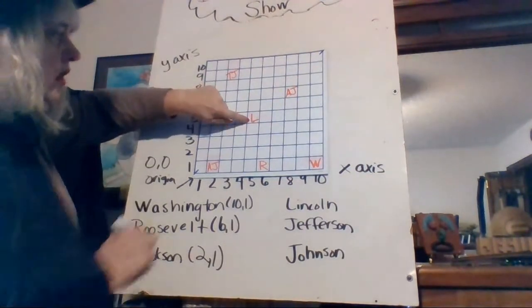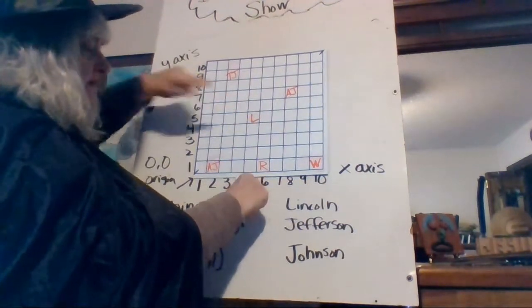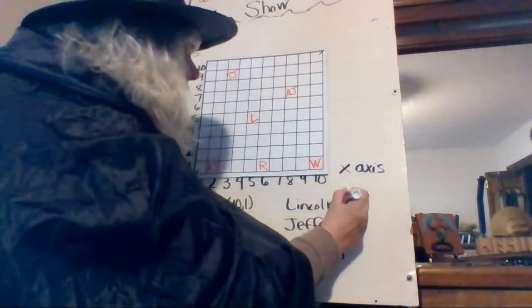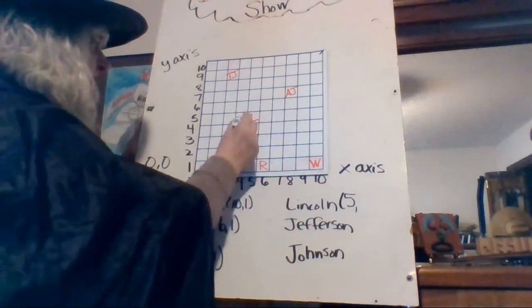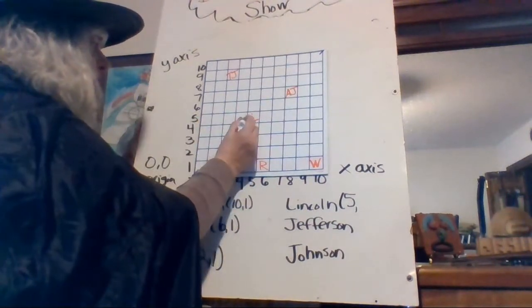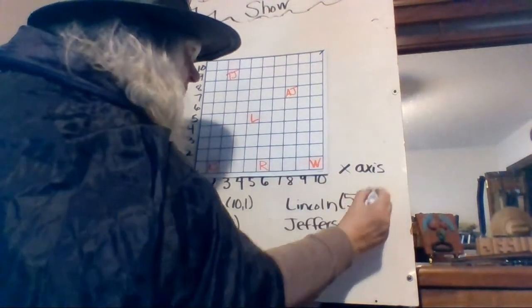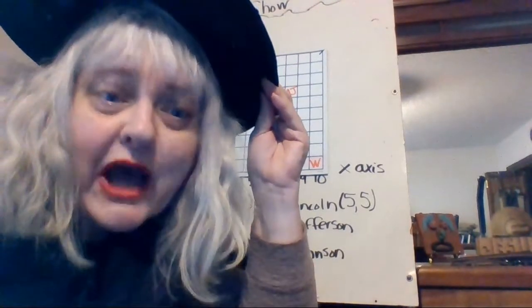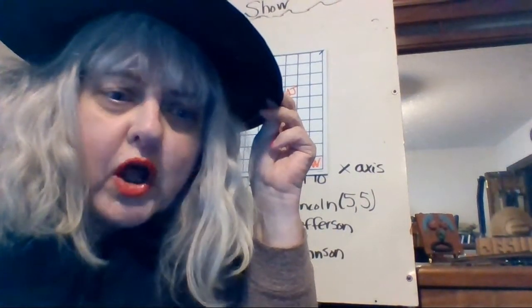Here's the L. How many over on the x-axis is that? 5. So the first number in the ordered pair is 5. And over and up was 5. So those Lincoln children, I'll find them at 5, 5. Wonderful.